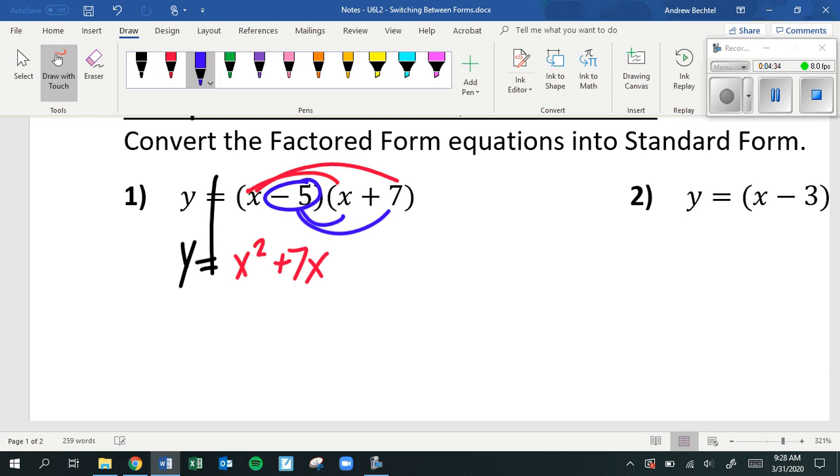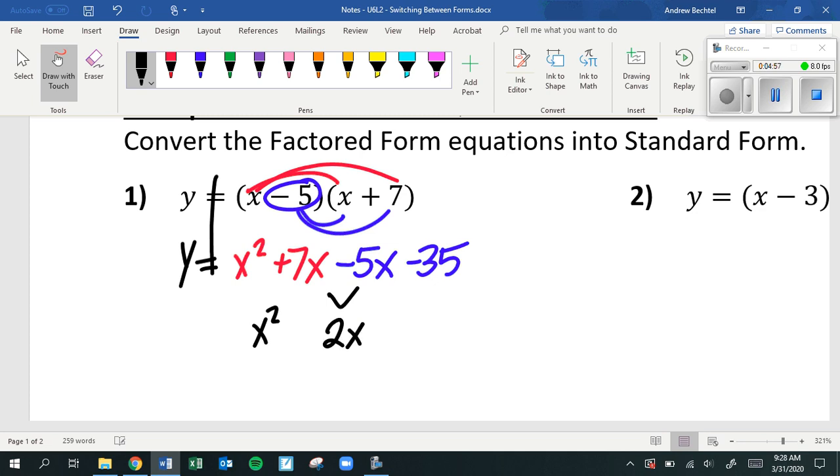We have a negative 5 here for the next part. So negative 5 times x is a negative 5x, and then negative 5 times 7 is a negative 35. We will combine like terms to finish simplifying this. So again, the x squared won't change. 7x minus 5x gives us a 2x.